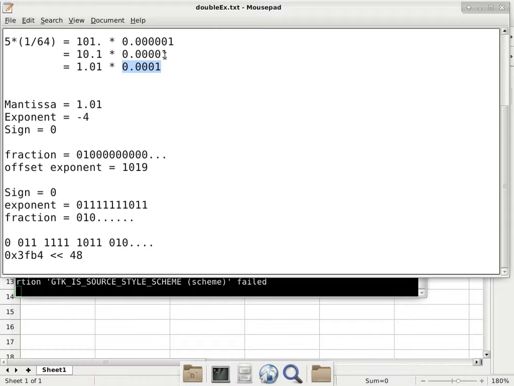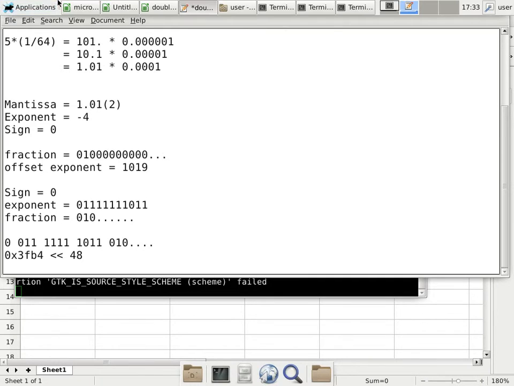Okay, if there are no questions about that part, then we end up with a conclusion that we want a mantissa to be 1.01 in base 2. Obviously, the -4 is in base 10. Yep, go ahead. And the mantissa stands for exactly what? The mantissa stands for the multiplier to a power of something. So when you use scientific notation on a calculator, the number before the e something, that's called the mantissa.